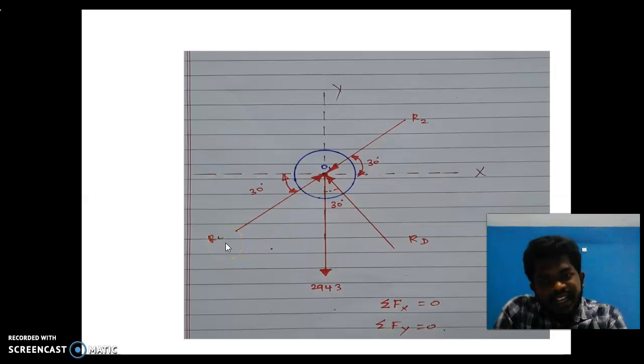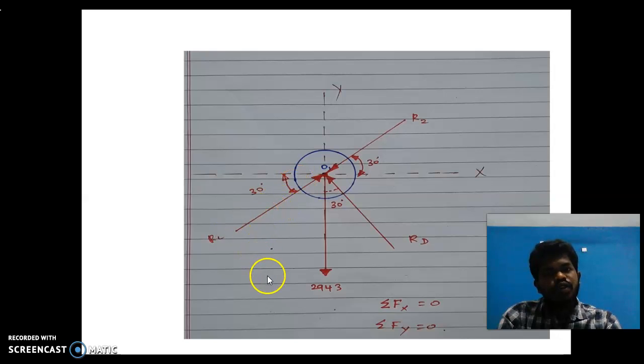Next, the reaction force RC. The direction of the reaction force RC is parallel to one of the surfaces of the tractor or V groove surface, so we use the same angle, 30 degrees.